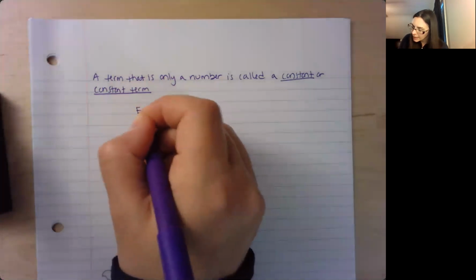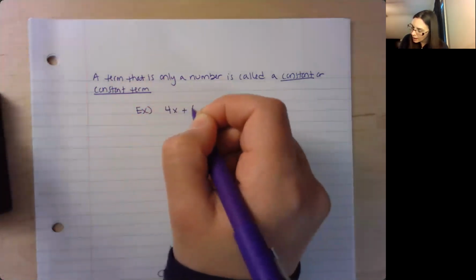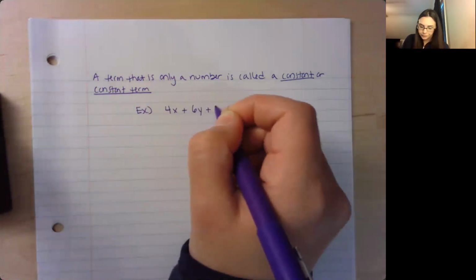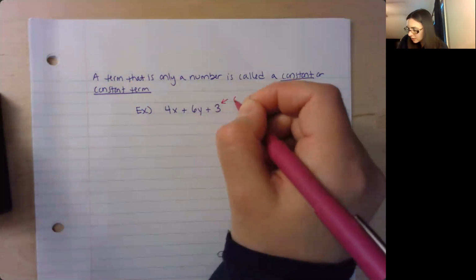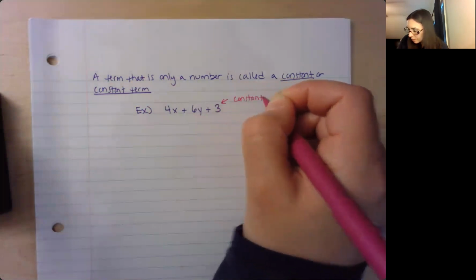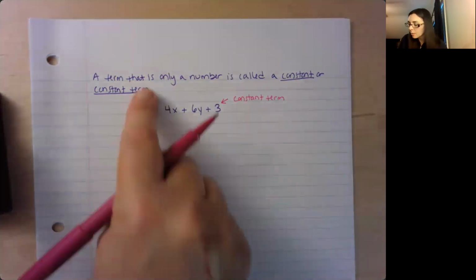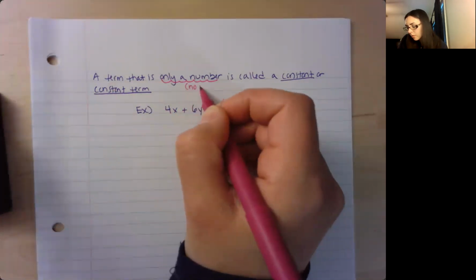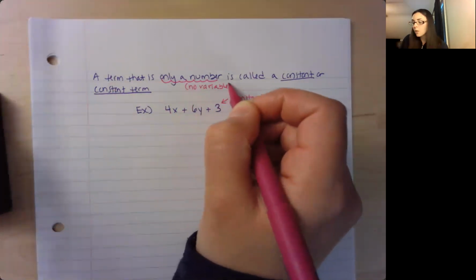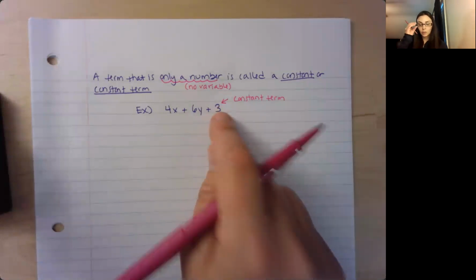So example, let's say I had 4x plus 6y plus 3. So this right here is your constant or constant term. Okay? Not every example has to have one, but if it's only a number, so no variable, right, then you have a constant term. Usually we just say constant. So if you hear someone refer to the term constant, that's what they're looking at.